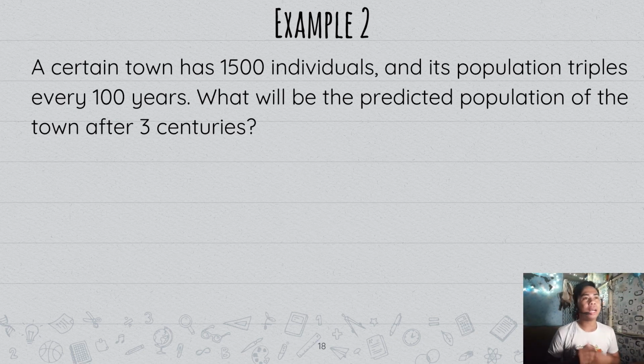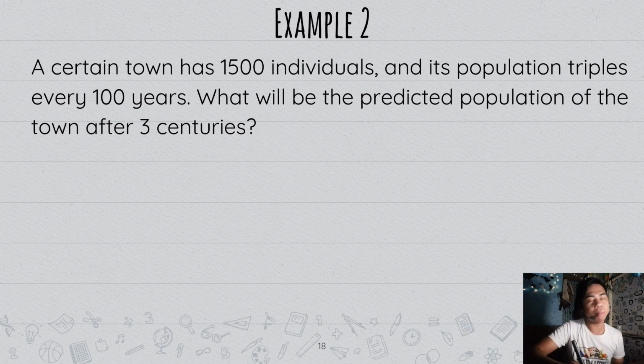A certain town has 1,500 individuals, and its population triples every 100 years. What would be the predicted population of the town after 3 centuries? So, again, we will be using Polya's 4-step rule in problem solving. Step 1 is explore.